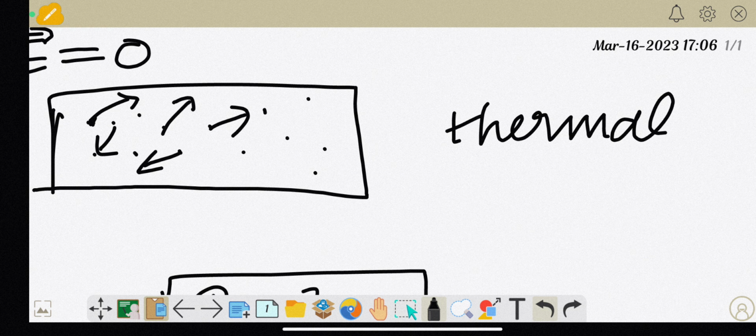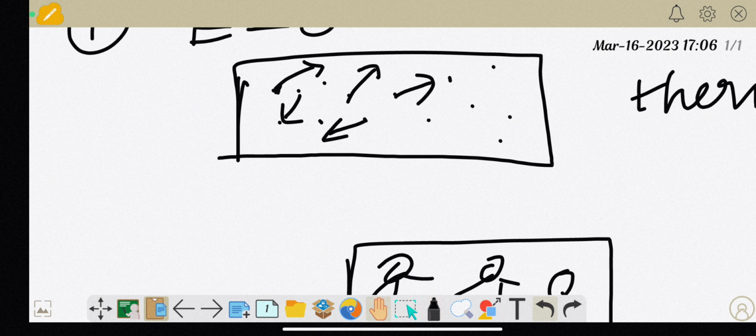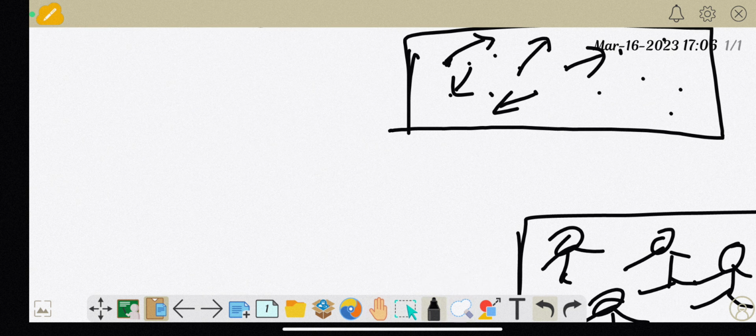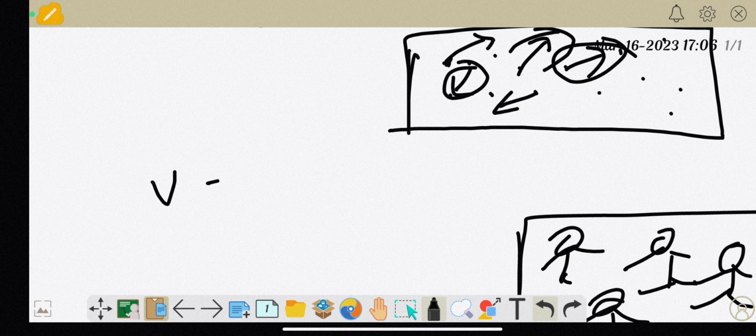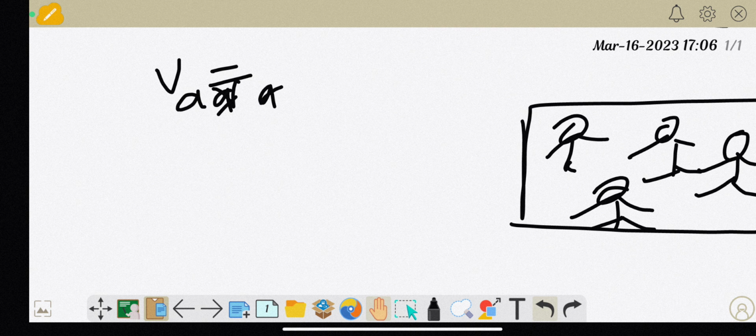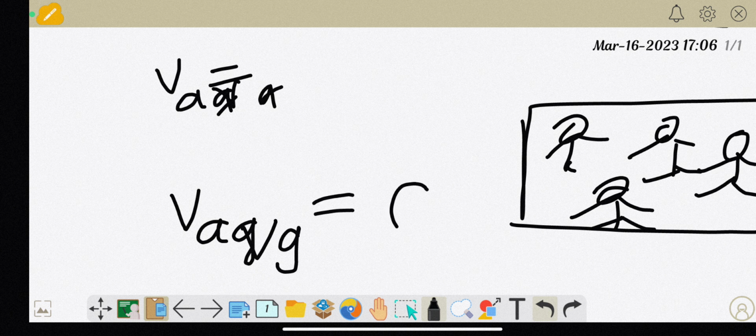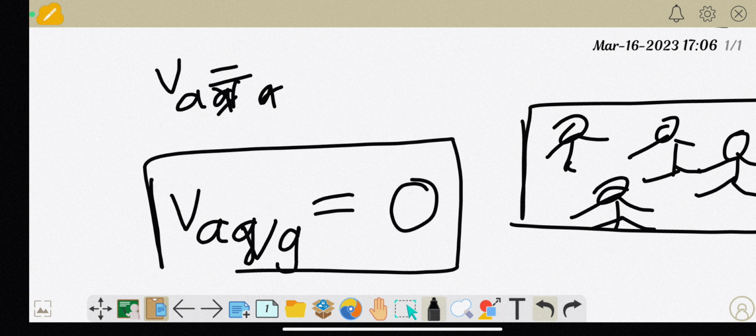There will be collisions. If you observe the velocity of these electrons and go on adding them up, the average velocity of the electrons in that material is found to be 0.